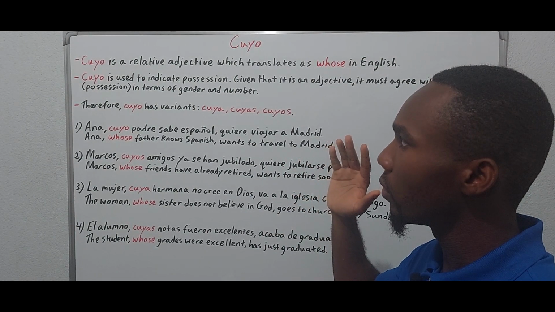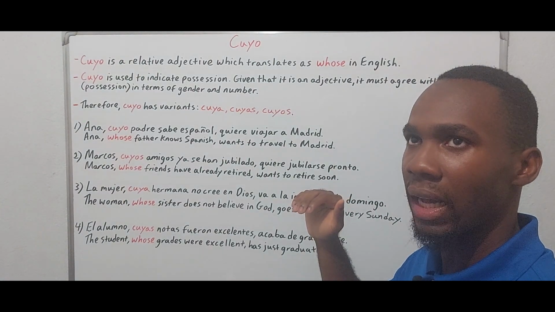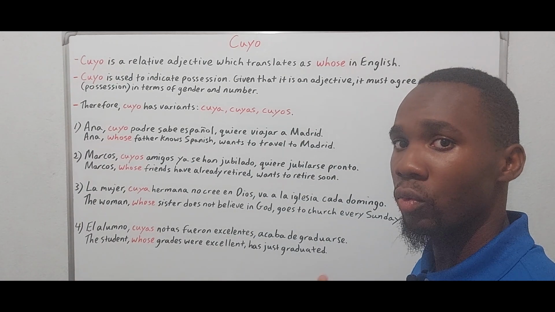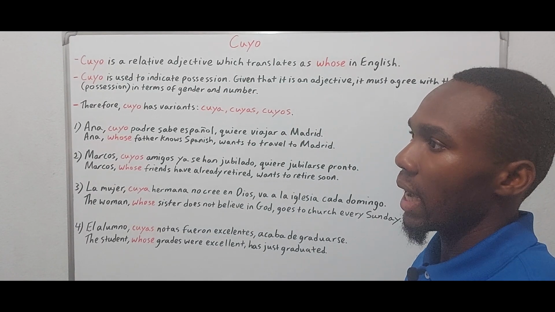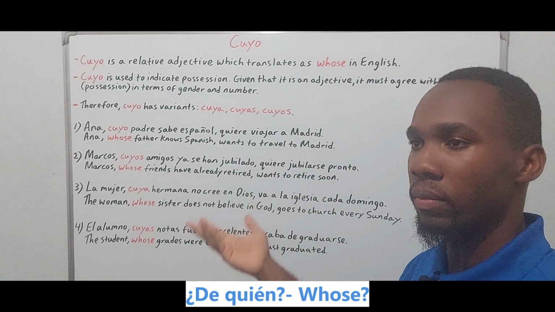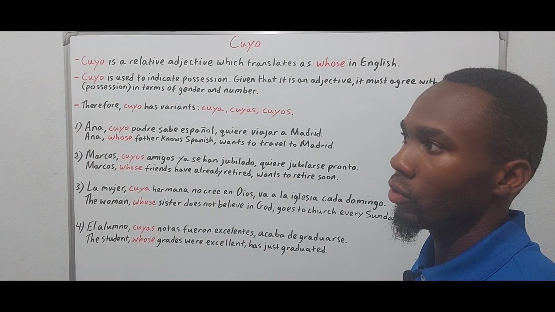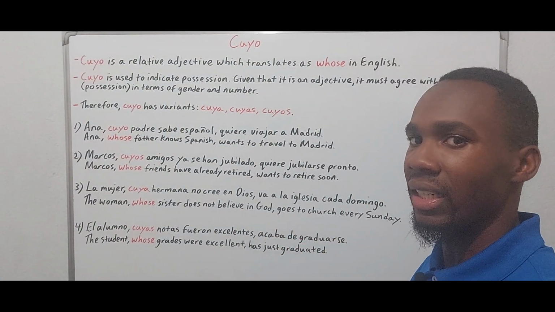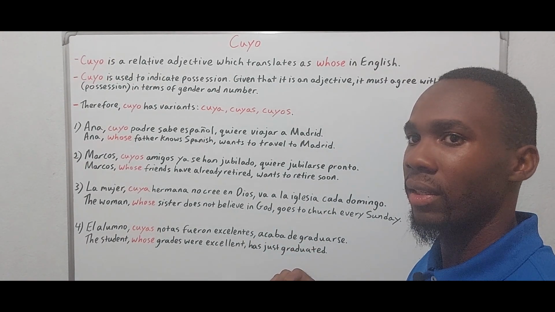Now let's look at whose as an interrogative adjective, because I told you earlier that whose can be used to ask questions, right? In that case, the expression is going to be de quién, like of whom, de quién, right? So as an interrogative adjective, whose will precede a noun. But in Spanish, it doesn't work like that, right?